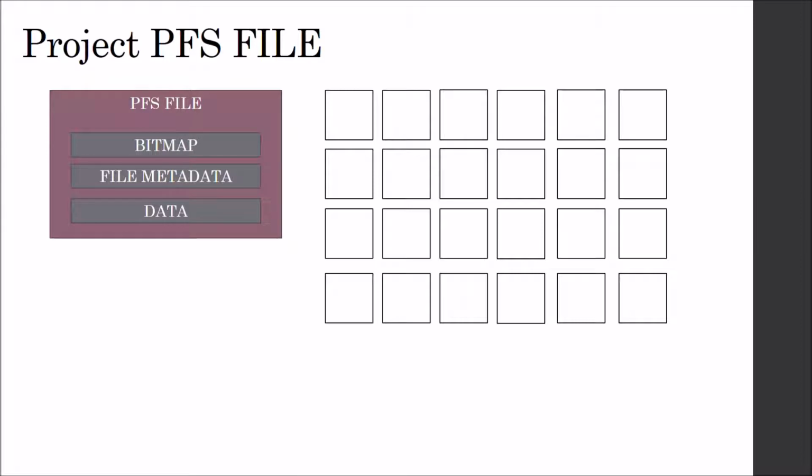So let's talk a little bit about the actual PFS file and its formatting. In our PFS file, the first block is taken up by the bitmap, and the bitmap initially is 1 followed by a bunch of zeros, indicating that the first block is allocated to data while the rest of the blocks are free. In this project, I decided not to add all the file control block pointers to the super block. Instead, I did the following.